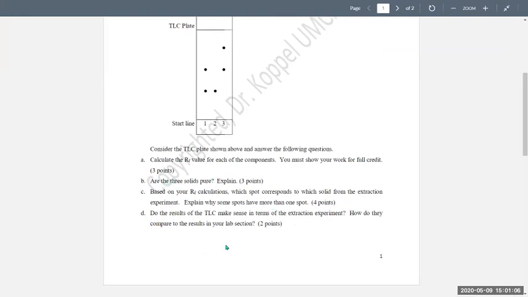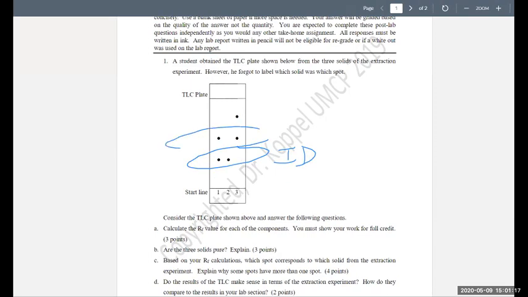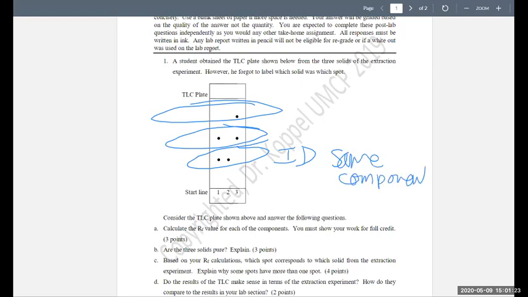Are the 3 solids pure? So when you're assessing purity, maybe this might help. When you ID mixtures, you look across. So these are all the same components horizontally.